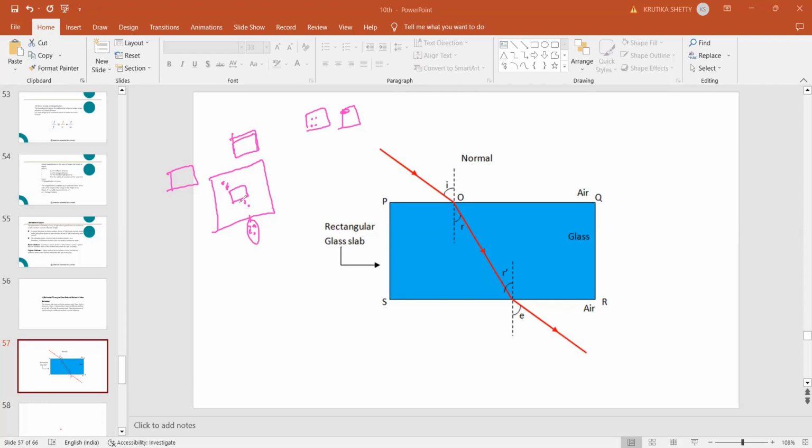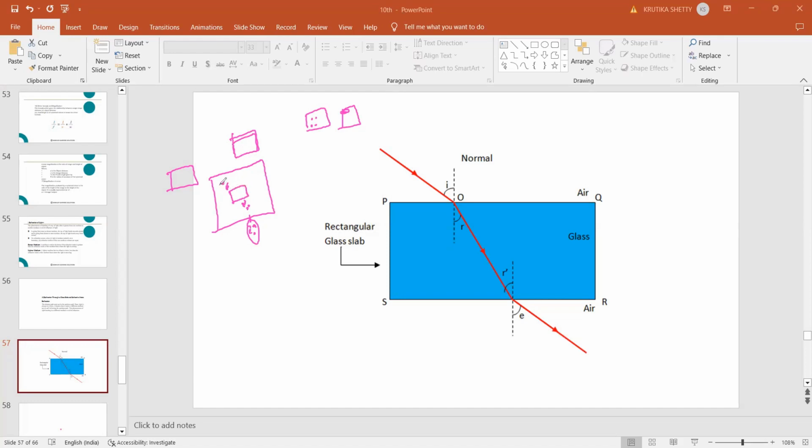Then we will come to the other side of that glass slab, and we see the image. If you come to this end and see, the image of these two pins is visible here. After these marks we will take out the pins and the glass slab.